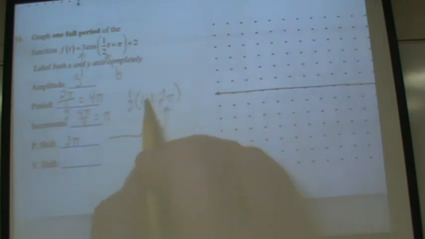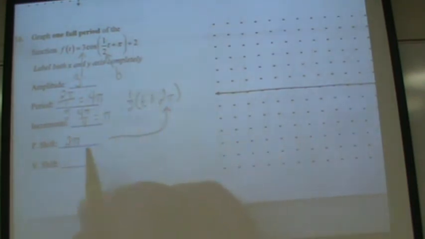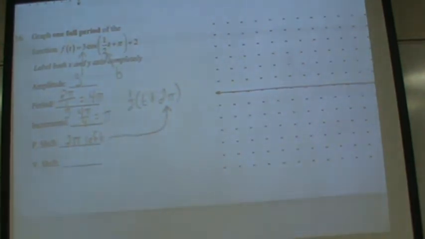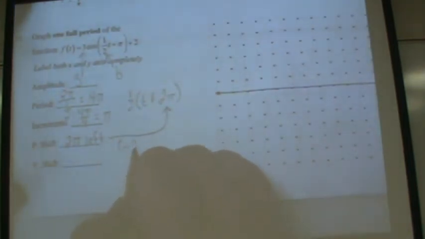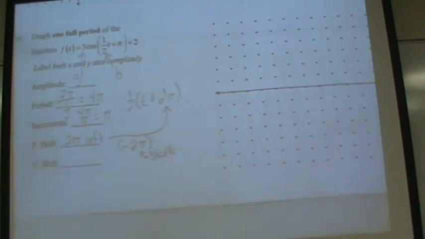And remember, this is a positive, so this is going to be 2 pi to the left. So our actual start value is at -2 pi, if we're going 2 pi to the left. And then our vertical shift is up 2.